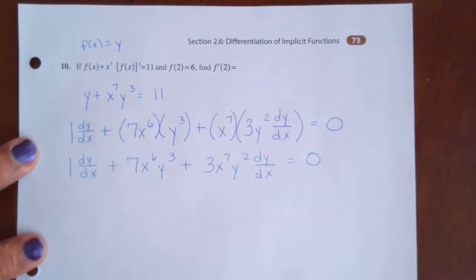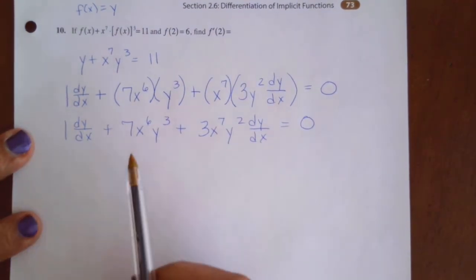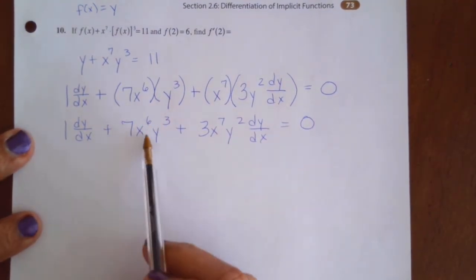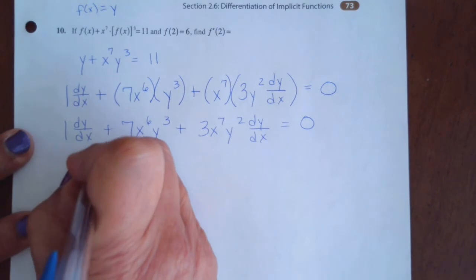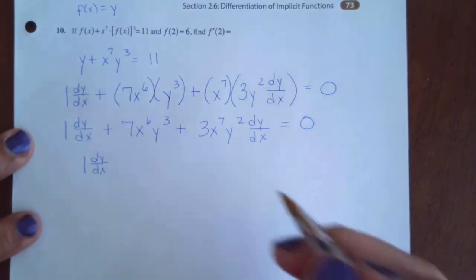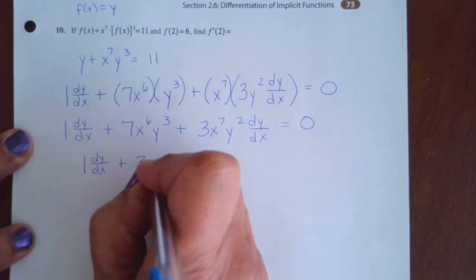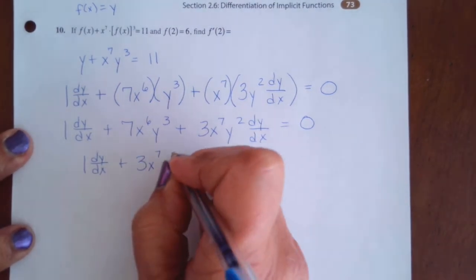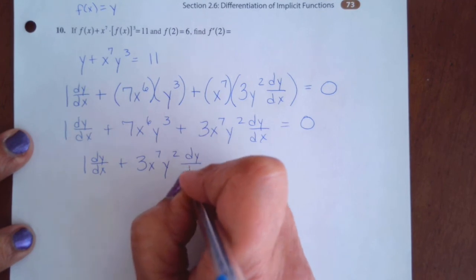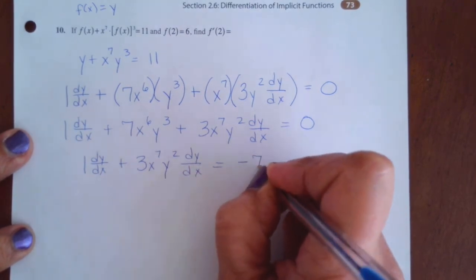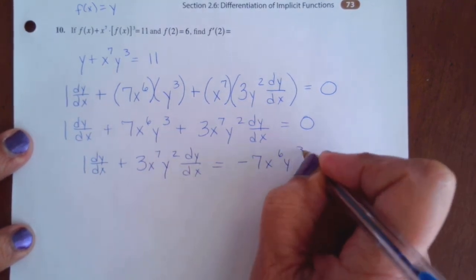Okay? All right, so I have to move anything without a dy dx over to the other side. So we're going to start with that. So I'm going to move the 7x to the 6th y to the 3rd over. So that leaves me my 2 dy dx terms. Negative 7x to the 6th y to the 3rd.